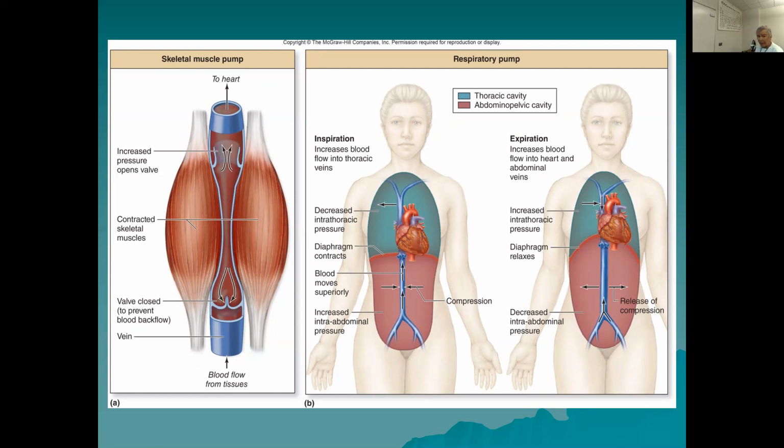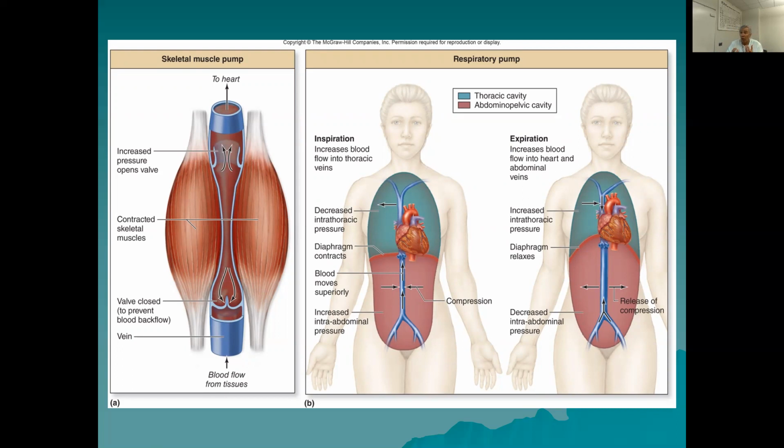On the right-hand side of the slide is the respiratory pump. Now we haven't gotten to respiration yet, but there is reduced pressure in your thoracic cavity, and this helps you suck air in when you breathe, but it also helps to suck blood from the lower part of your body. When you breathe in, your diaphragm pushes on your abdomen, your abdominal muscles are squeezed, and it helps push blood back.